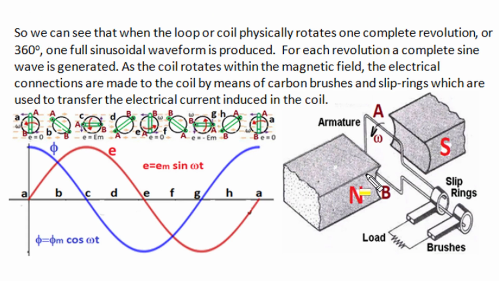So we can see that when this rectangle loop or coil physically rotates and produces one complete revolution between one pair of poles, or two poles, one full cosinusoidal flux variation cycle takes place, and corresponding to that, as per the rate of change of flux linkages, one full sinusoidal waveform of induced EMF is produced.